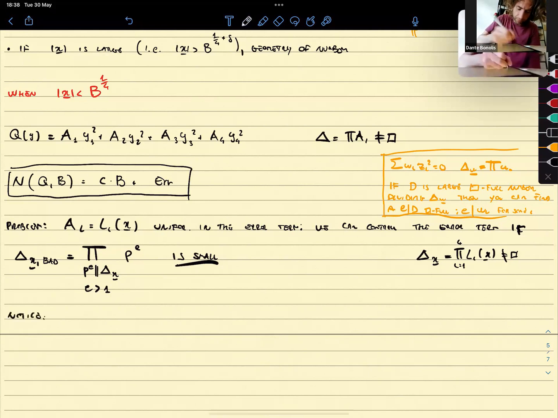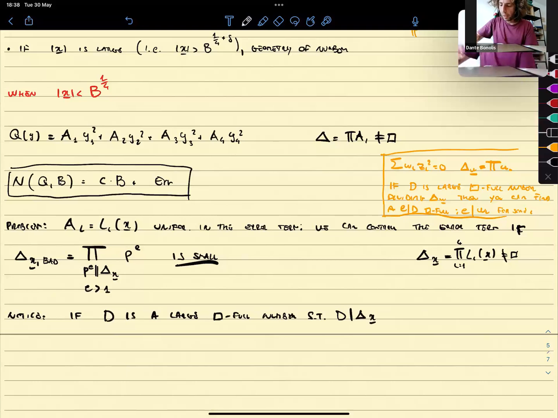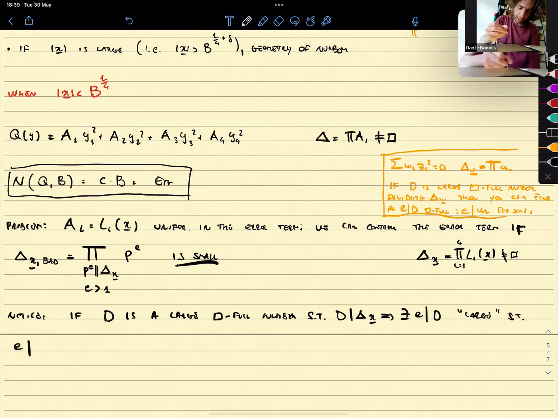The same thing is true: if D is a large squareful number such that D divides the discriminant of the curve, delta X, this implies that we can find a large divisor E of D such that E divides L_i(X) for some i.